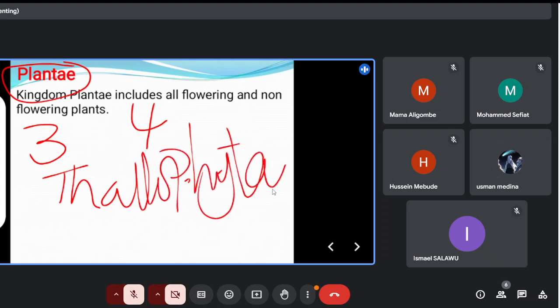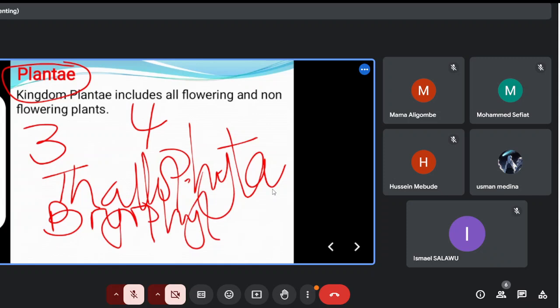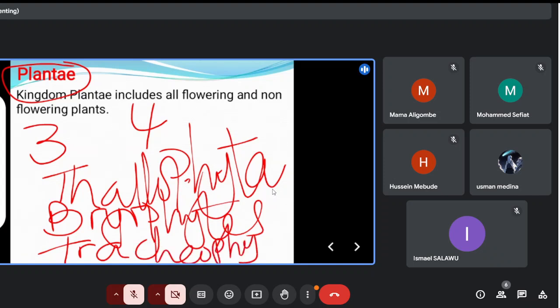On the basis of classification, you say Thallophyta, but if you are referring to them generally, you say thallophytes. Then after thallophytes, we have the bryophytes. We are going to look at their respective features. And then lastly, we have the tracheophytes. This is if you are considering the 3 groups of classification.